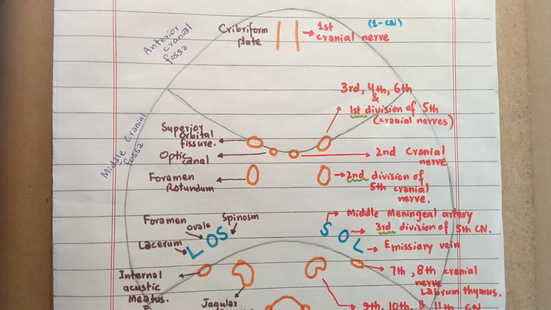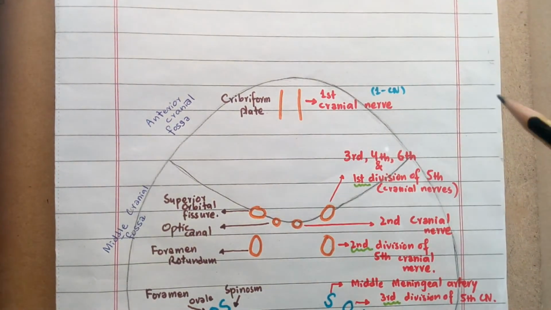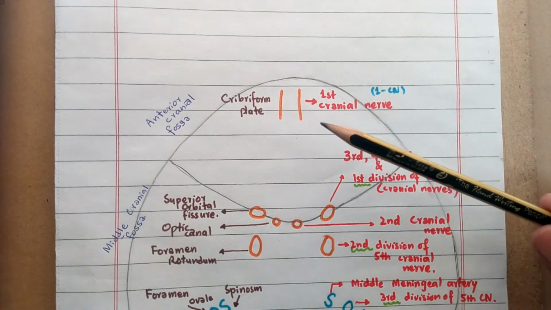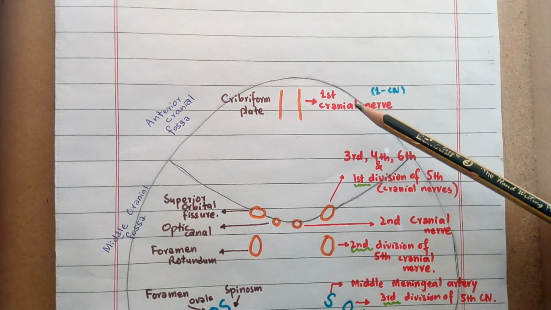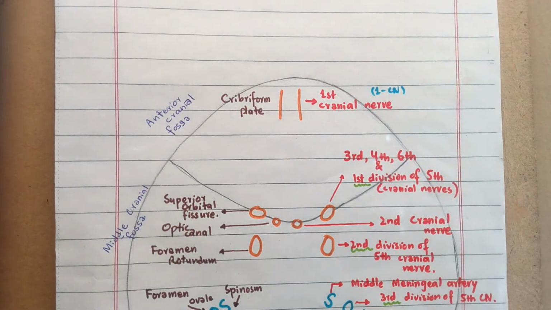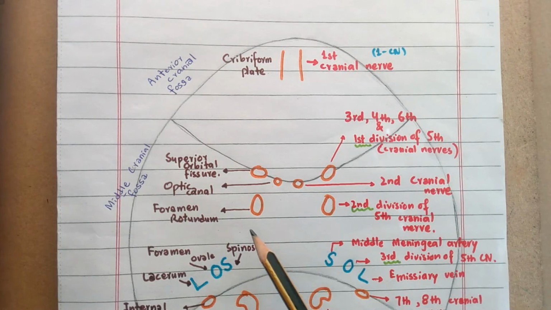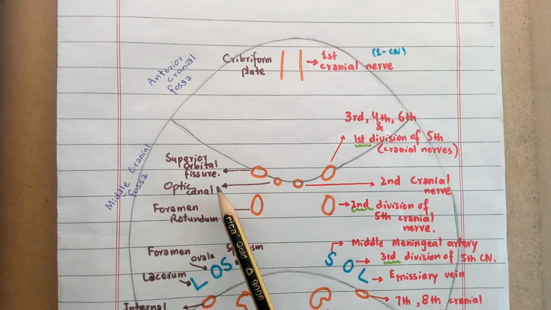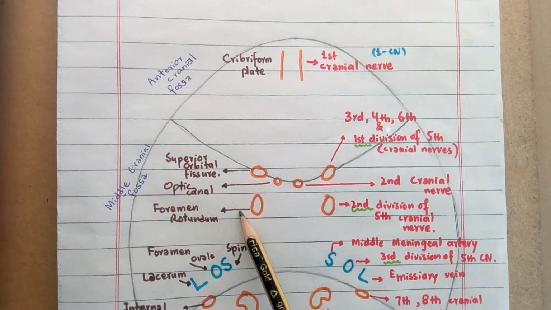First, in the anterior cranial fossa there is the cribriform plate, through which the first cranial nerve passes out. Then the superior orbital fissure, which is present at the junction of the anterior cranial fossa and the middle cranial fossa.